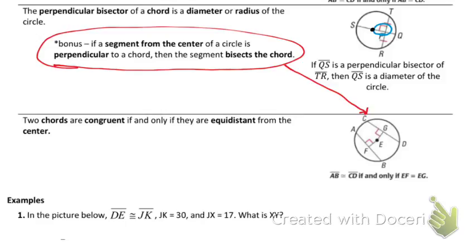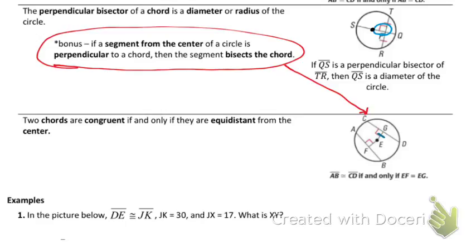The second point says two chords are congruent if and only if they are equidistant from the center. Once again, two chords are congruent if and only if they are equidistant from the center. And how that's going to look here, let's say that GE and EF are congruent. Let me pick a different color.